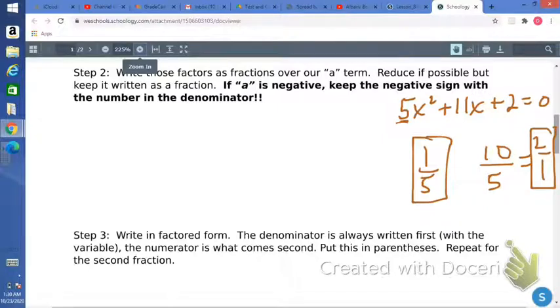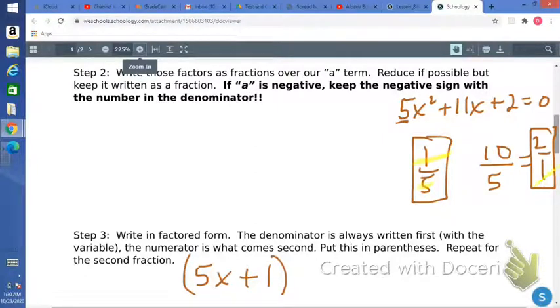So now everything else is as normal. So you take that 5 right there, and you're going to pair it with an x. Alright, so we're at step 3 right now. So we're going to have 5x and then plus 1. Alright, so the plus 1 there.